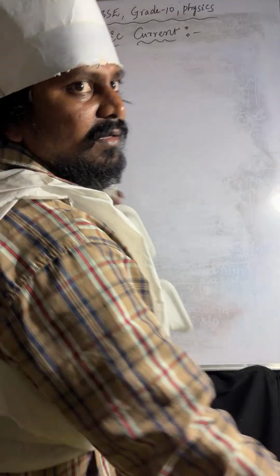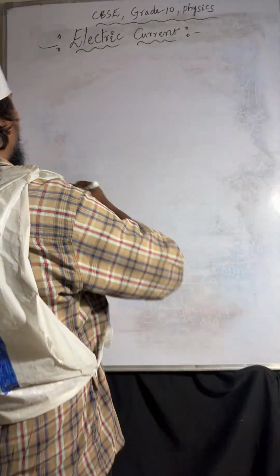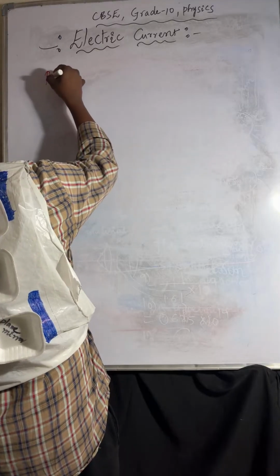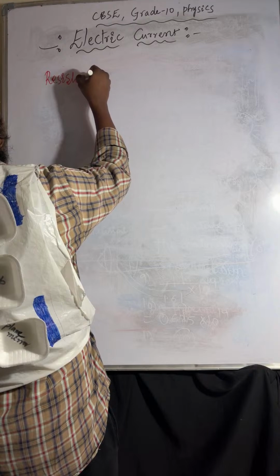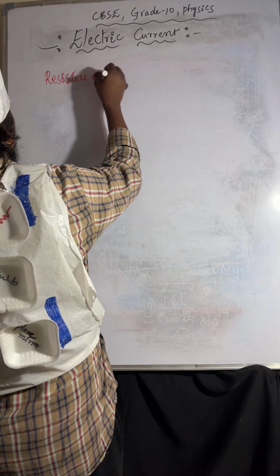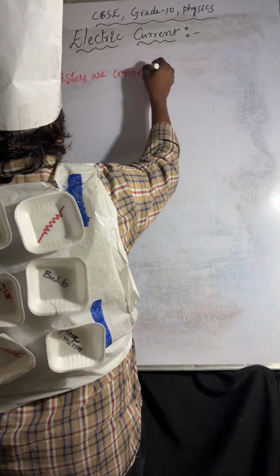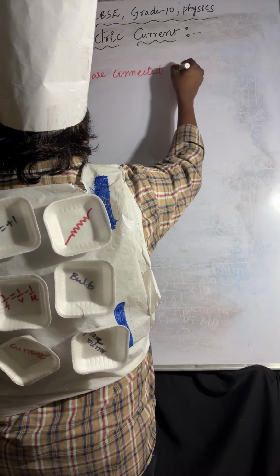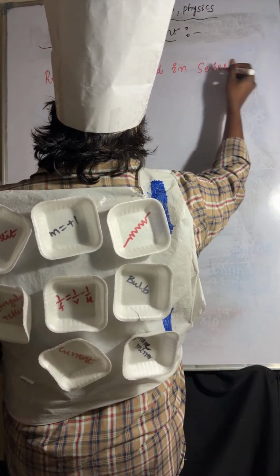Let's start. Okay, so now you can see here, resistors are connected in series combination.